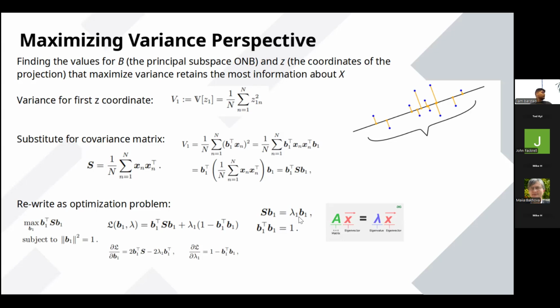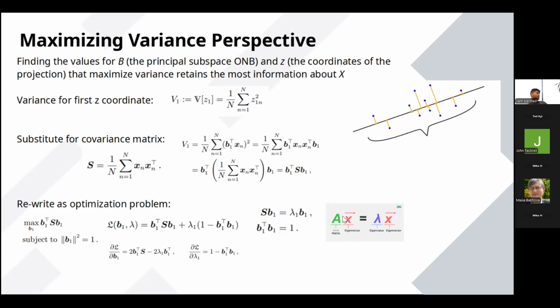So at the maximum variance, SB equals this Lagrange scalar times b. And if you'll remember, this is actually the exact same equation that defines what an eigenvalue and an eigenvector is.